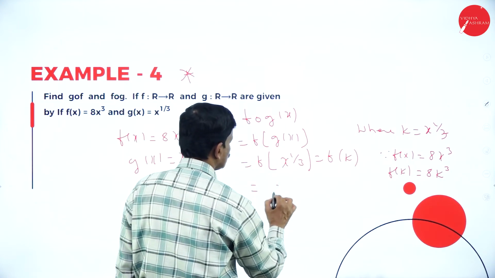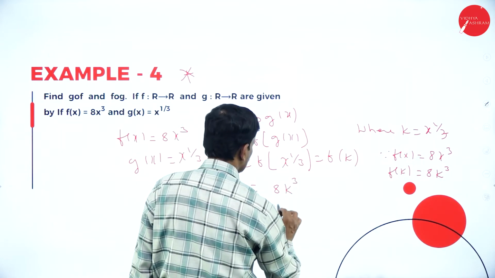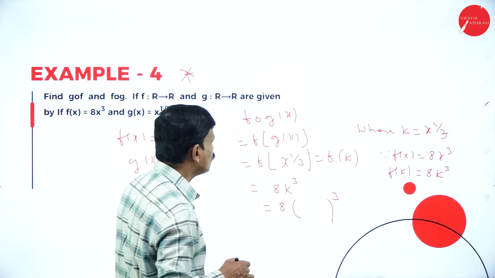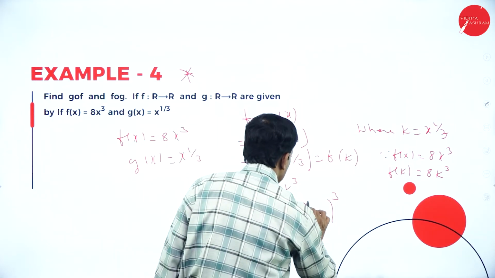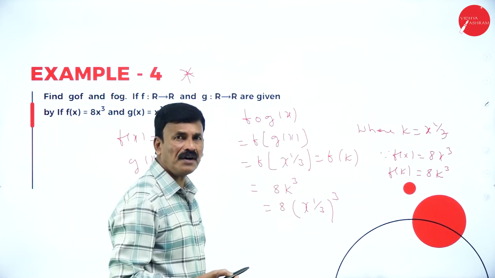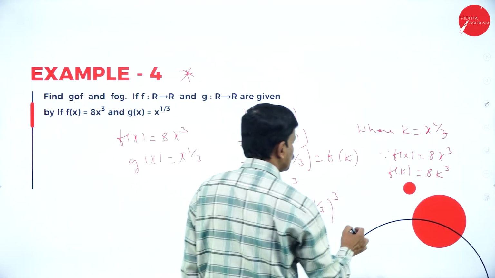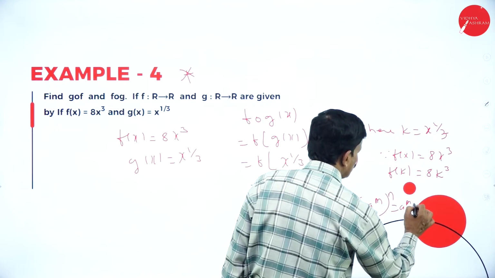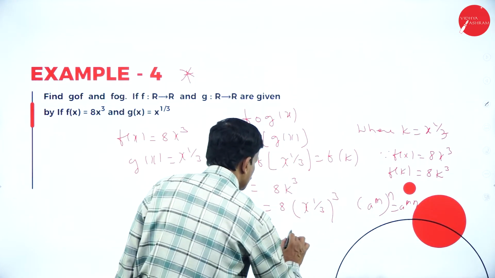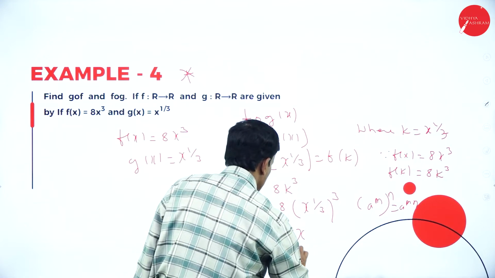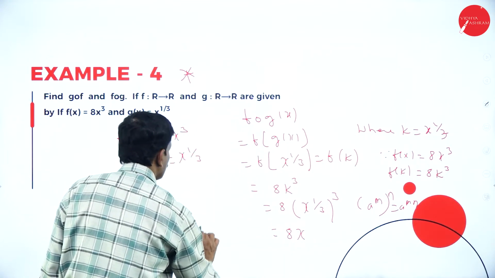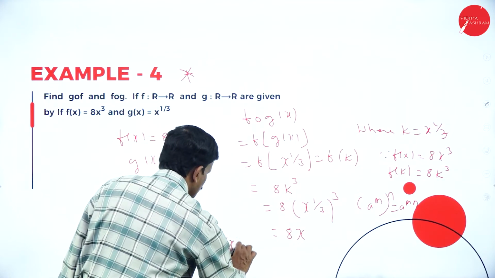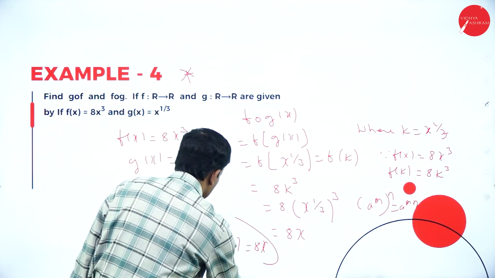So f of k is equal to 8 times k cube. Substitute the value of k, what is k? k is equal to x to the power of 1 by 3. According to the law of indices, a raised to m whole raised to n is equal to a to the power of mn, and this 3 and 3 get cancelled. 8x to the power of 1 is 8x. Therefore, f naught g of x is equal to 8x.